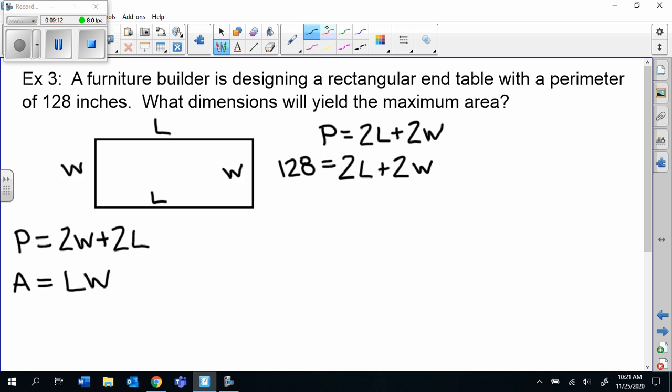For this particular example, I do notice that all these numbers are even. So you're going to get better numbers, smaller numbers, if you take a second and divide everybody by 2.